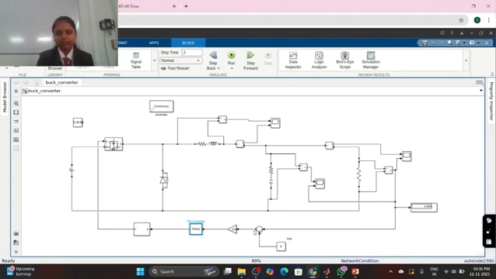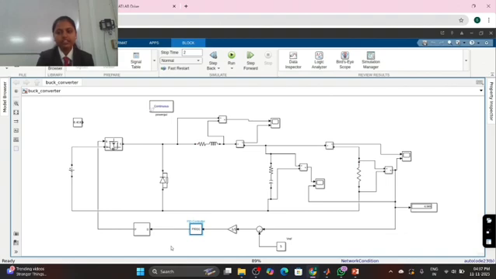Next comes the PWM generator block, the pulse width modulation generator. This block converts the analog signal from the PID controller into the digital switching signal that drives the MOSFET gate. When the PID output increases, the PWM duty cycle becomes wider, meaning the MOSFET stays on for a longer time in each switching period.